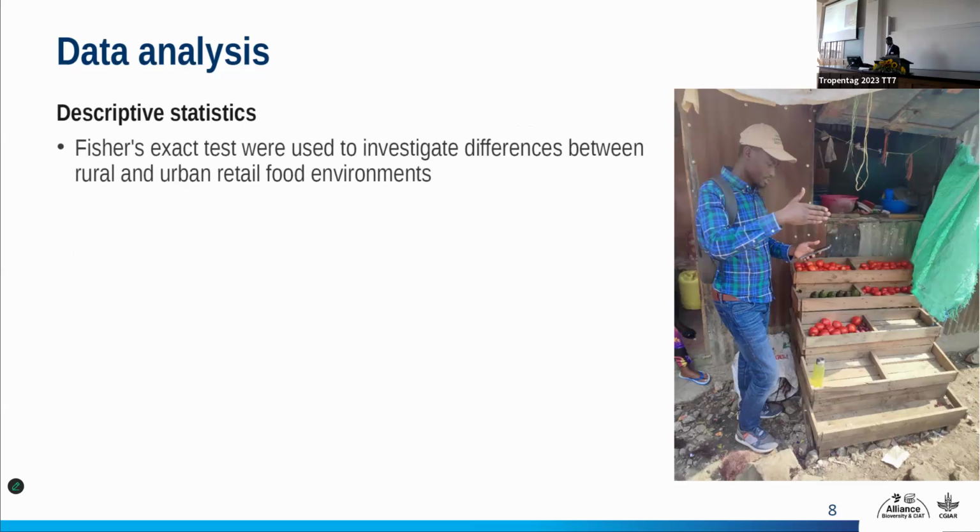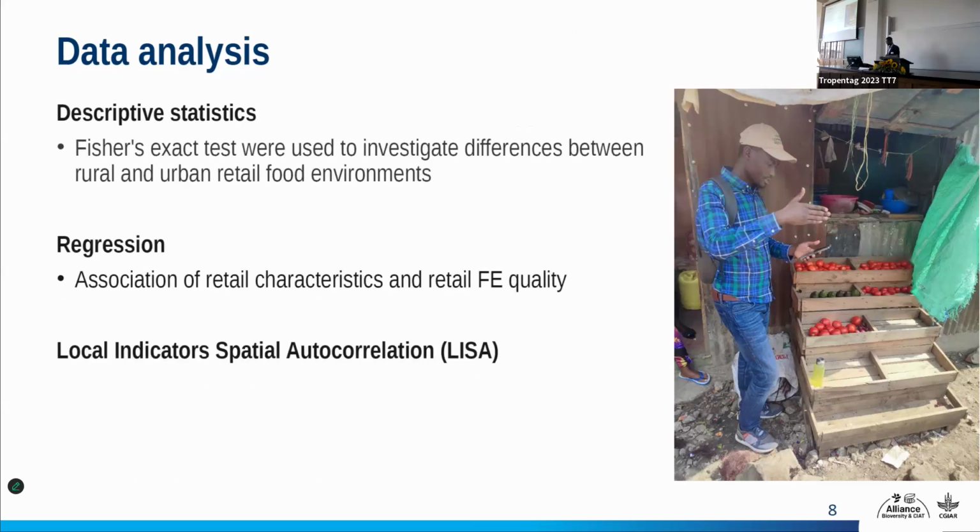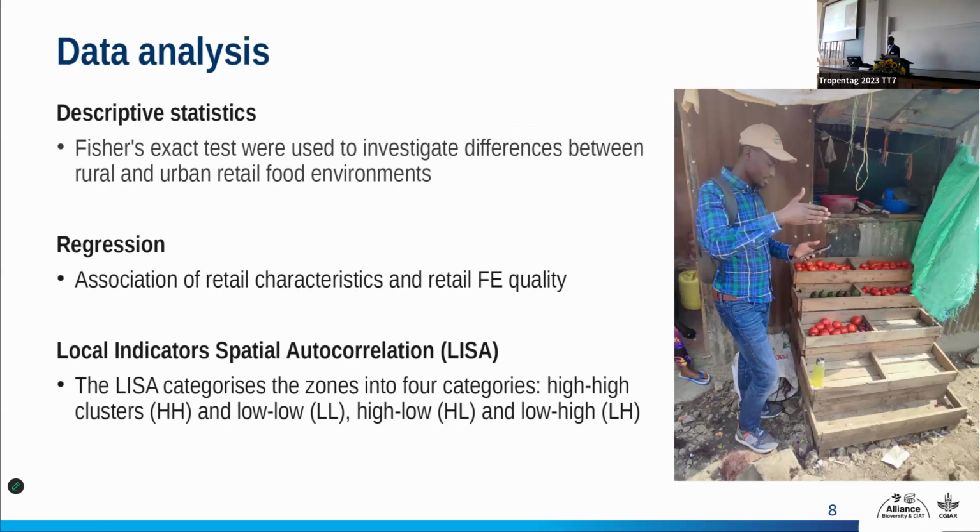In terms of data analysis, I will present descriptive regression to indicate association between retail food environments and diet quality, and also use local indicators of spatial autocorrelation to see the distribution of healthy or unhealthy food groups.